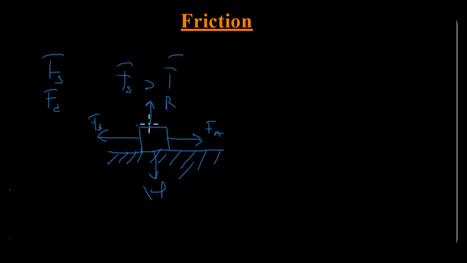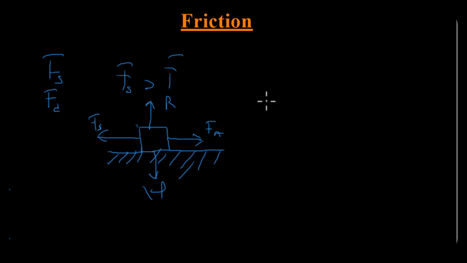Since I'm applying the force on my box, and my box is in contact with my ground, it's going to experience some form of friction in the opposite direction to this applied force.